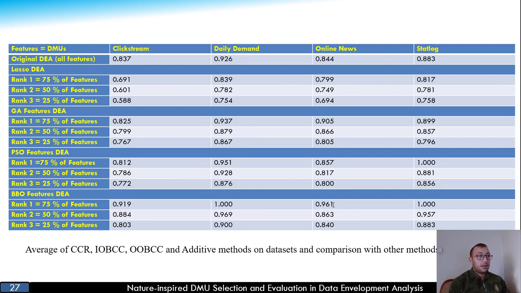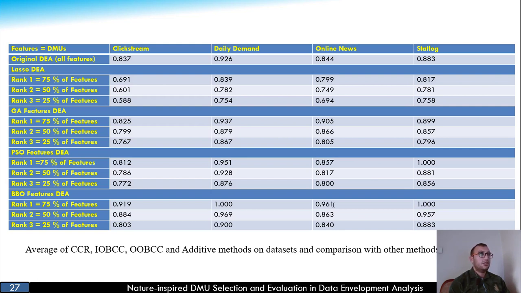Here we can see the average of CCR, IOBCC, or OBCC and additive methods on datasets, and comparison with other methods in 3 ranks. Clearly, from left to right, we have features, the amount of them as a rank.